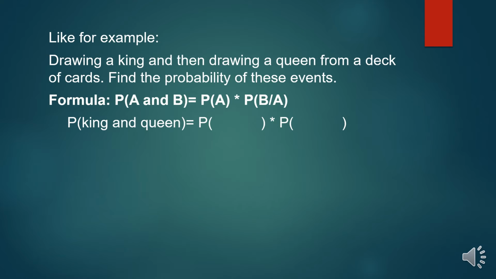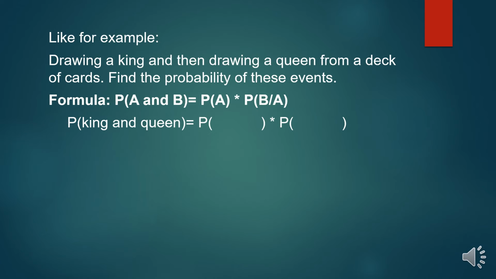To answer this, we have the general multiplication rule for dependent or conditional events. It's something like this: the probability of both A and B occurring is the probability of A times the probability of B, given that A has occurred.